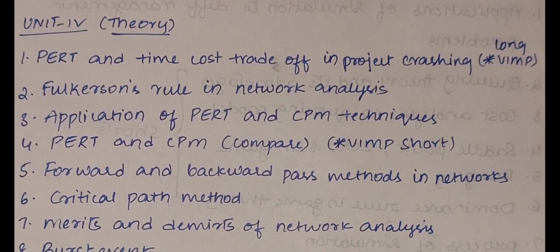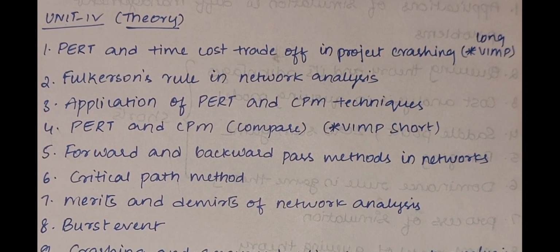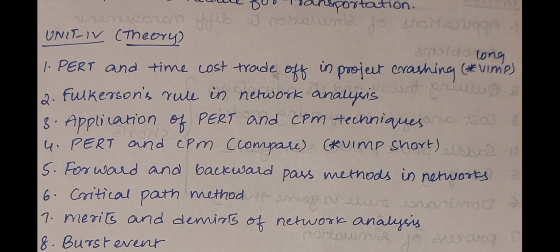And then we have unit 4, from which you'll mostly come across practical questions. However, the short answer questions can be from the theory. PERT and the time cost trade-off in project crashing is a very important question for the long answers.